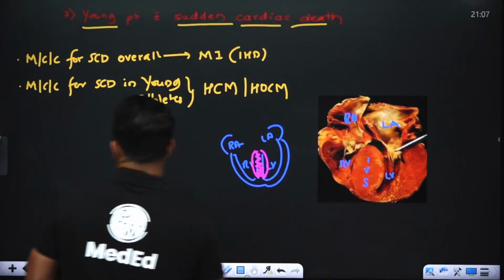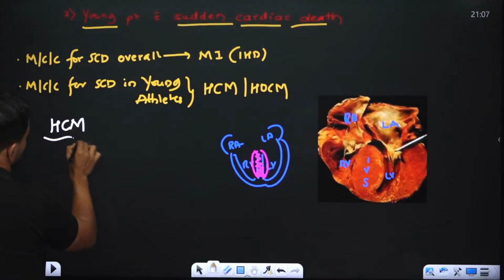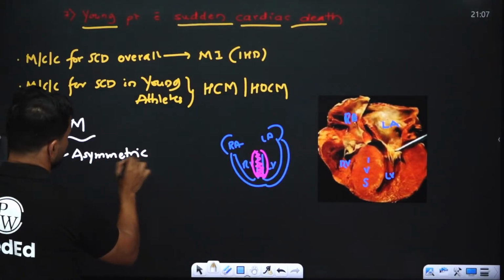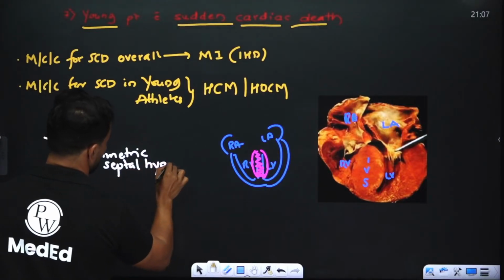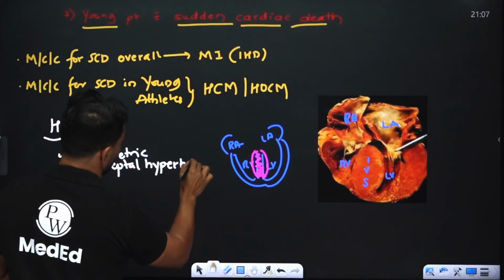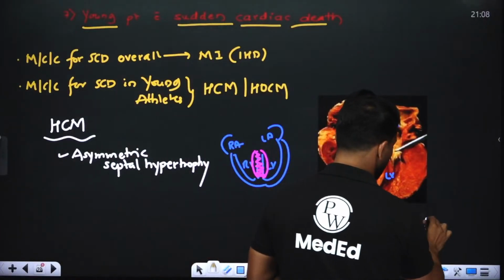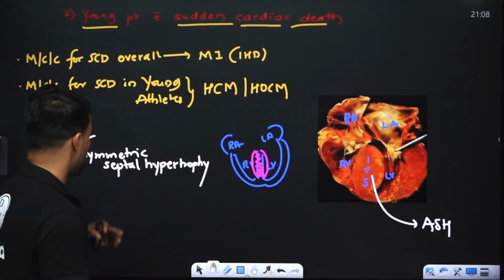So one of the findings that we get in these patients of hypertrophic cardiomyopathy is asymmetric septal hypertrophy. I will call this asymmetric septal hypertrophy in simple terms as ASH. ASH.